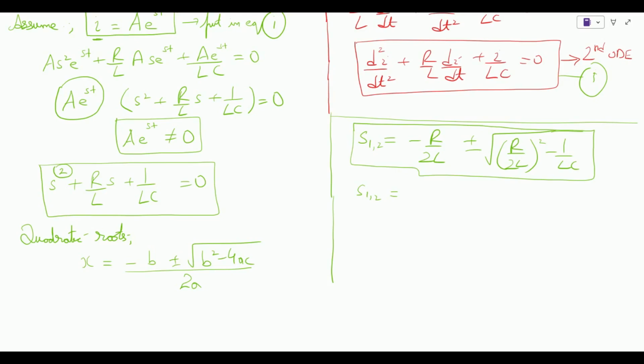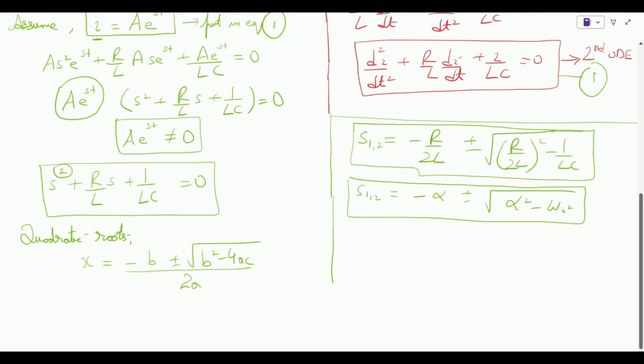And we can further write these two roots in the form of Neper and resonating frequency, where s1,2 can be written as minus alpha plus minus under root alpha square minus omega naught square.